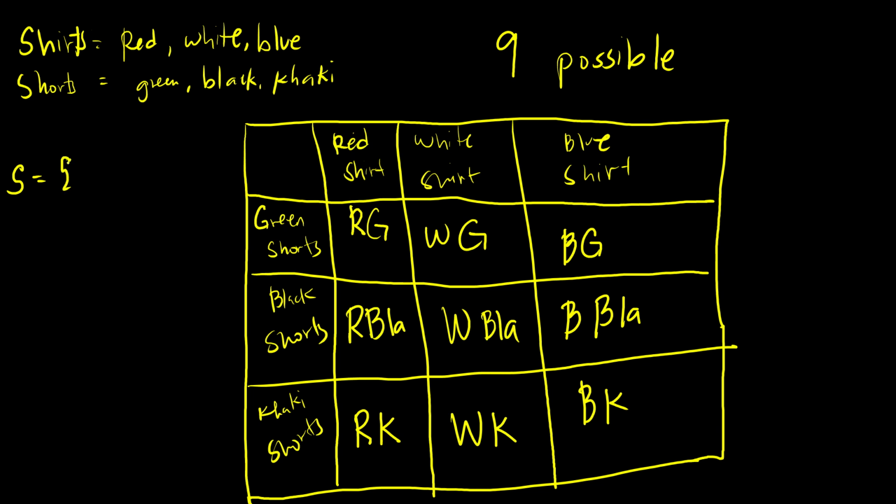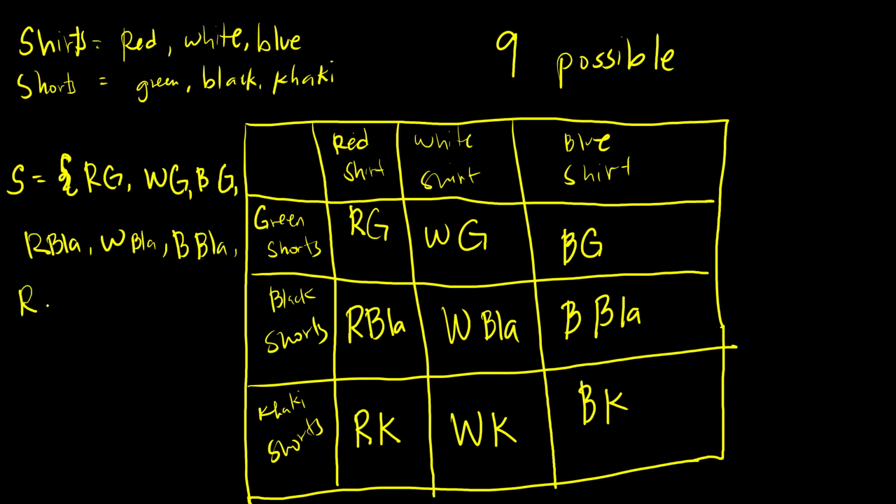So, we have, di ba ang ganda ng bracket ko? So, red shirt, green shorts, white shirt, green shorts, blue shirt, green shorts, red shirt, black shorts, white shirt, black shorts, baka magkabaliktad ako ha, blue shirt, then black shorts, red shirt, khaki shorts, white shirt, khaki shorts, and lastly, blue shirt, then khaki shorts.